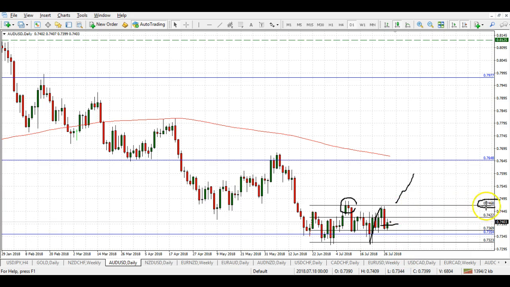So a break above 74.68 will indicate that we're out of that consolidation phase that has been going on for a month and a half now. Like I said, it's like a pressure cooker. It's about to explode, probably with high momentum. So we'll see. 74.68, that's our official trigger level.